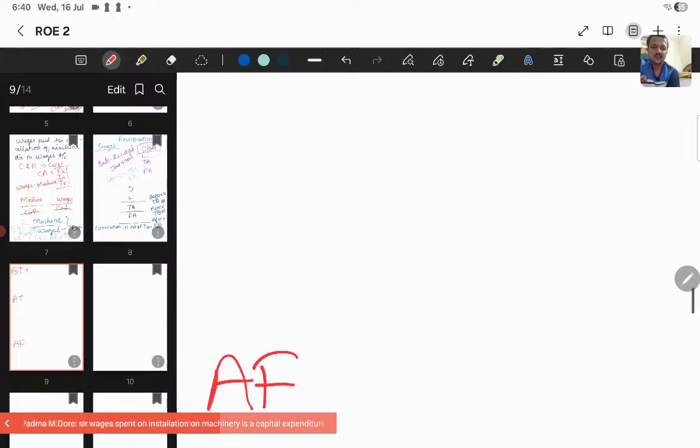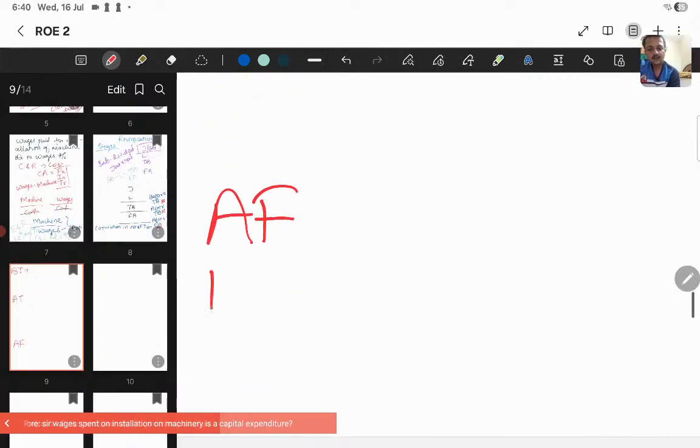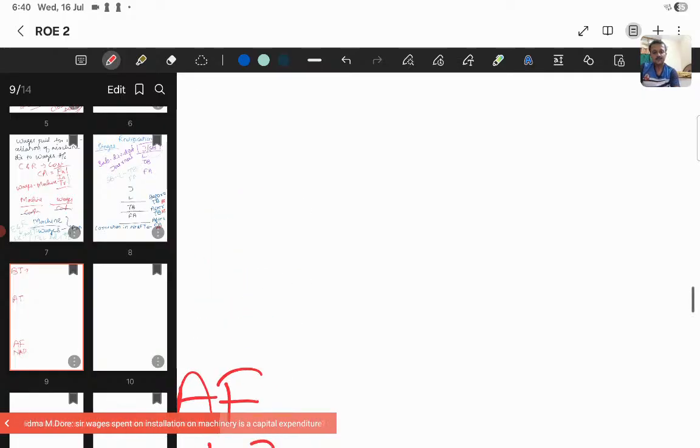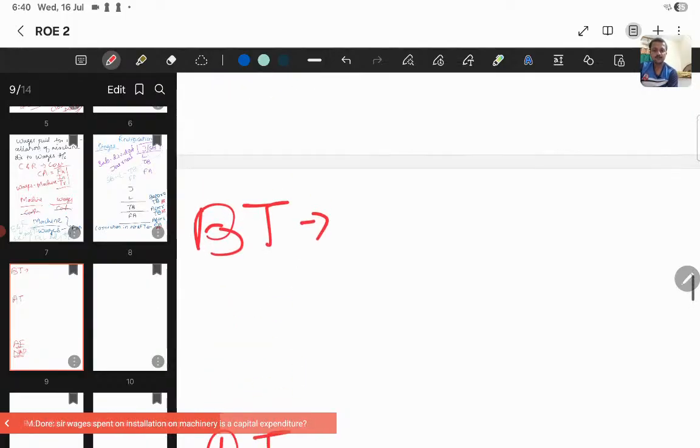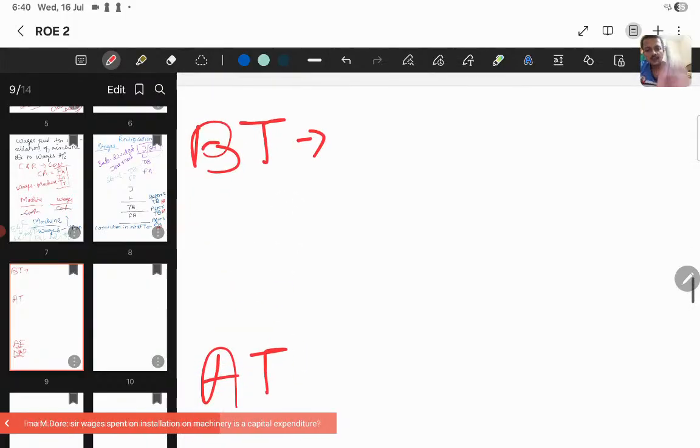Then next was after financial statements, after final accounts, or we called it as correction in next accounting period. Okay. How these should be rectified?